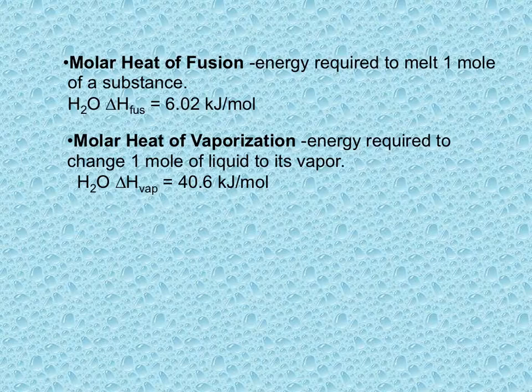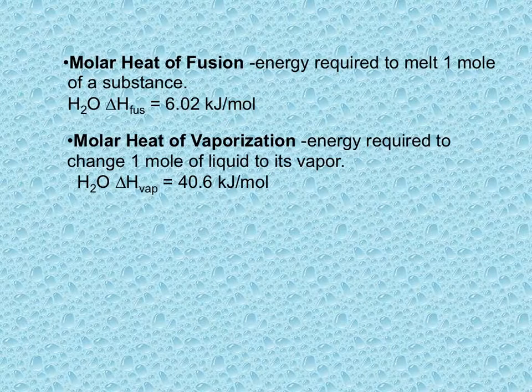In order to calculate energy of phase changes, we need to know the definition of molar heat of fusion. This is the energy required to melt 1 mole of a substance, and for water, the enthalpy or the heat of fusion is 6.02 kilojoules per mole.